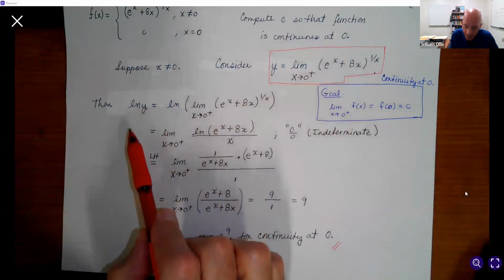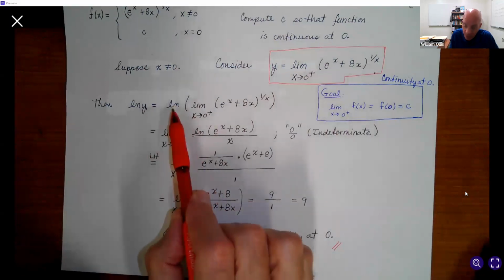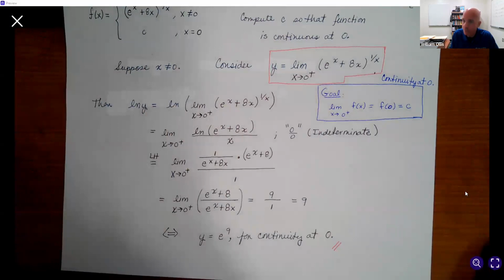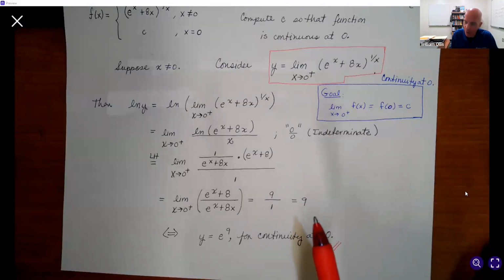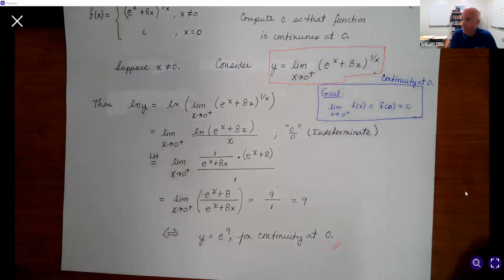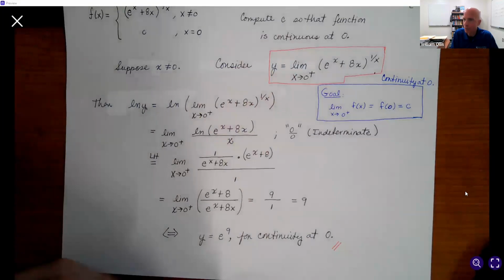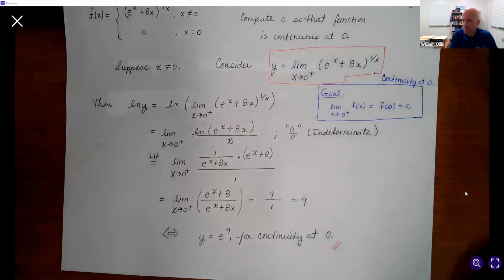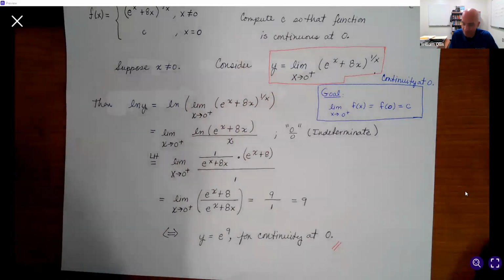So now we look at the natural logarithm of y, which would be the log of this limit. Okay, so again, the easiest way to set up this problem is just to state the limit that you're computing and assign it a variable of your choice. Z, theta, omega, I use y, doesn't matter.